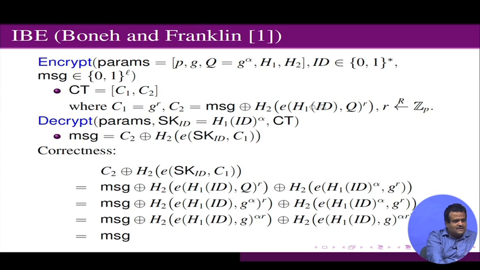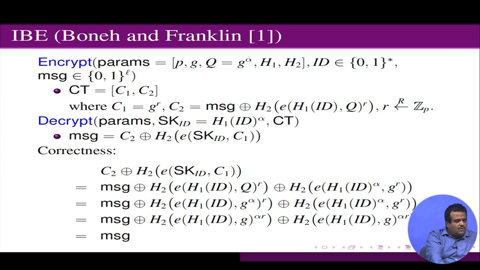C2 is the message XOR with H2 of e(H1(ID), q to the power r), and now we XOR with H2 of e(H1(ID) to the power alpha, g to the power r). Now we can use the bilinearity property. It will be alpha r, and similarly this will also be alpha r. So these two will cancel out, and we will get the message. So, this is the identity based encryption we have seen.